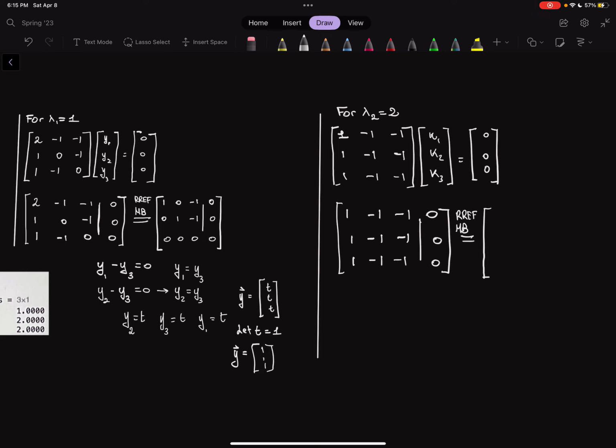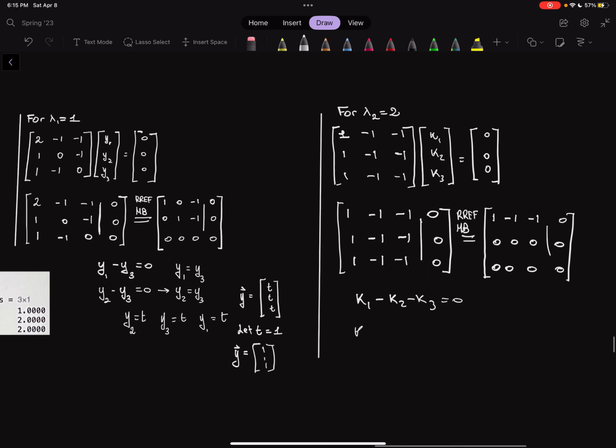Once we do reduced row echelon form for this case, we get 1, negative 1, negative 1, 0, 0, 0, 0, 0, 0, 0, 0, 0. That's interesting. Well, we have two rows of 0. So when we plug back our values, we get K1 minus K2 minus K3 equal to 0.